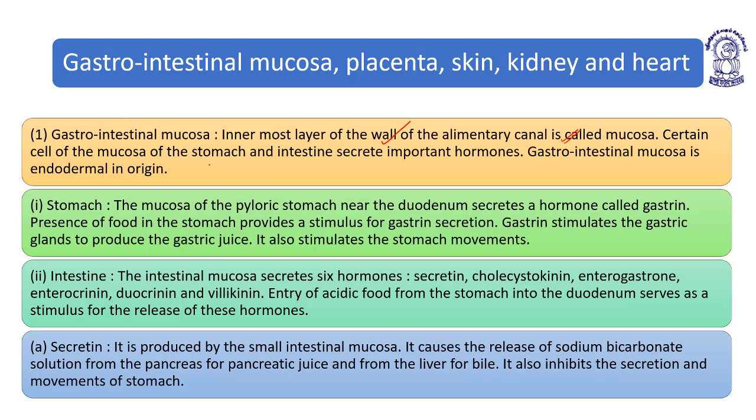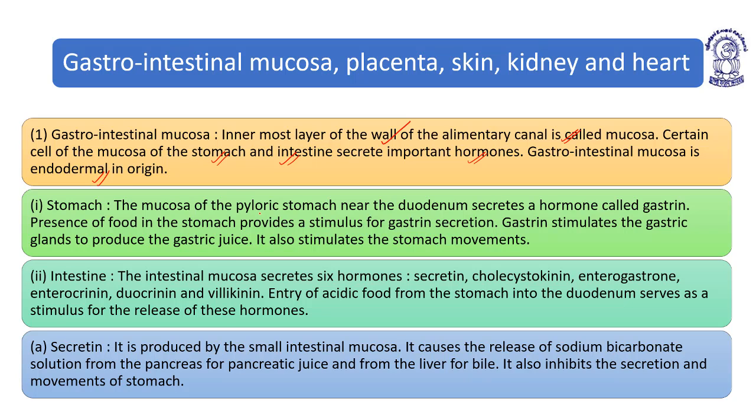Certain cells of the mucosa of stomach and intestine secrete important hormones. Very important: gastrointestinal mucosa is endodermal in origin, and there are certain cells of the gastrointestinal mucosa which are related with the secretion of hormones.